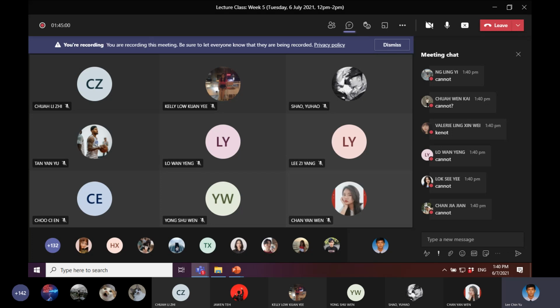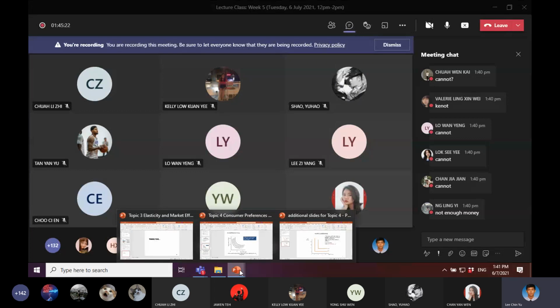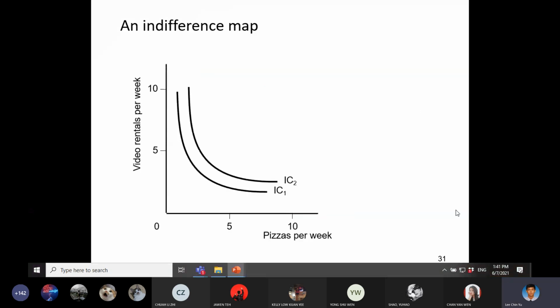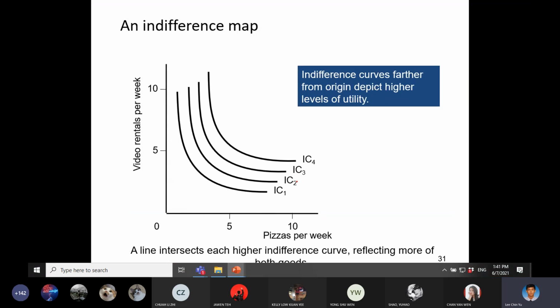When a normal person, let's say a rational person, we assume the person is rational, only consumes goods that give satisfaction, meaning a benefit. So when you draw your indifference curve downward sloping, you want to maintain your level of utility.